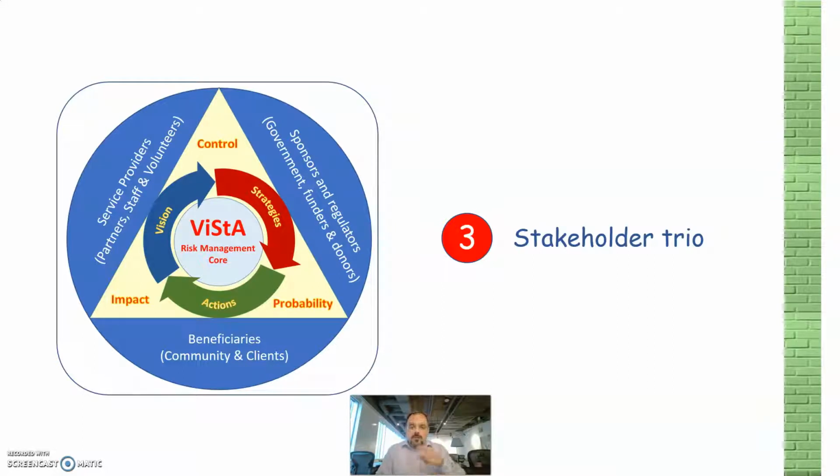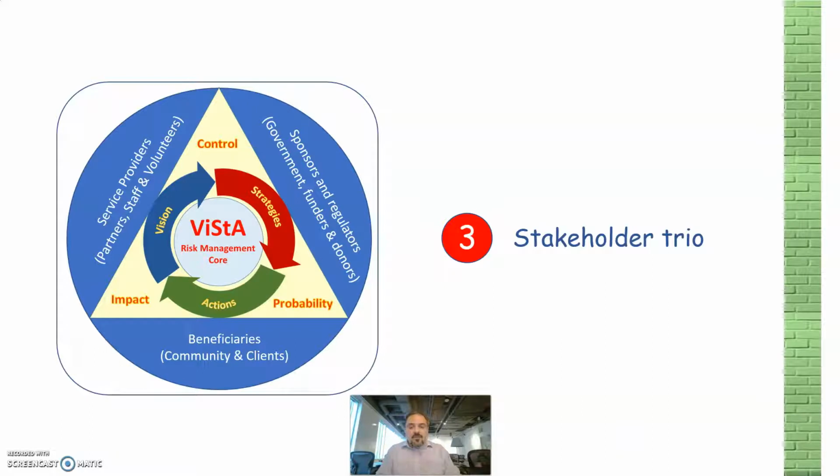And we group stakeholders in three categories: sponsors, beneficiaries, and service providers. So sponsors are funders, corporate sponsors, individual donors, every stakeholder who has a financial contribution to your organization. And naturally, they have a voice. They should have a voice in your governance and in your risk management plan.